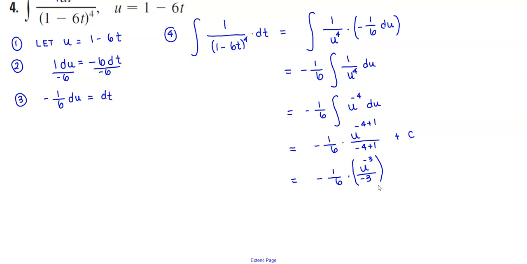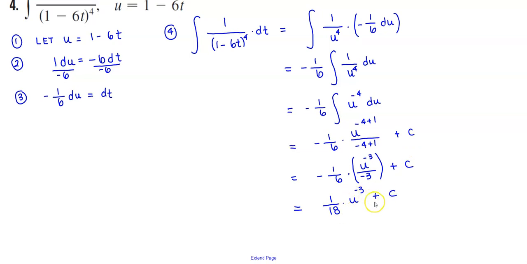And so if it's negative, then this negative times this negative is positive. So we have positive 1. We know that we have 6 times 3, which is 18. And don't forget that c here. It's plus c. And then we have u to the negative 3 plus c.